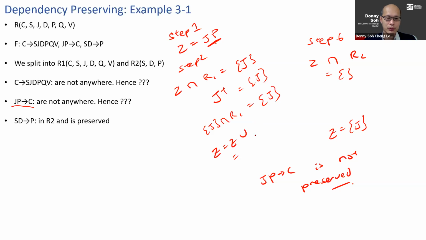Thank you, Hong Wei. Let me see. Did I screw up anymore? Yeah. Z union J. So Z is JP. Sorry, I screwed up here. So this is JP. So I should redo this one. Sorry about it. Let me do this again.